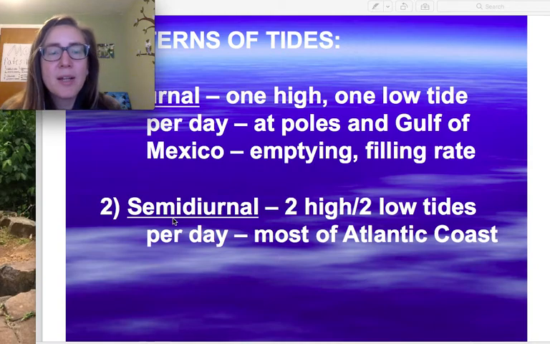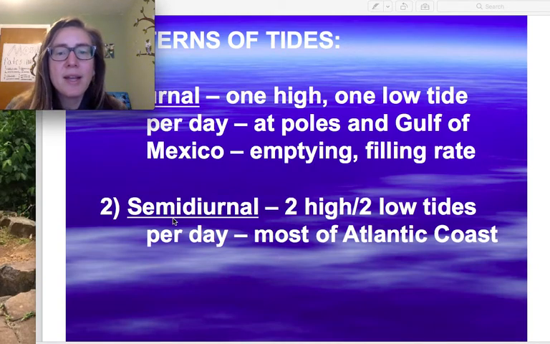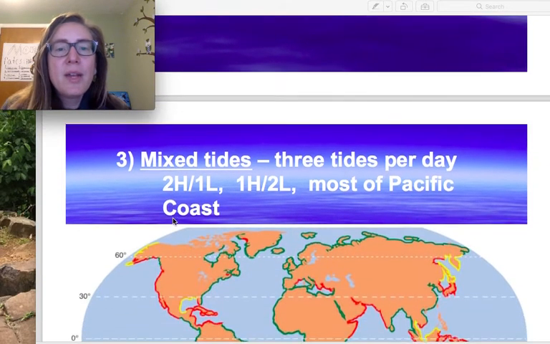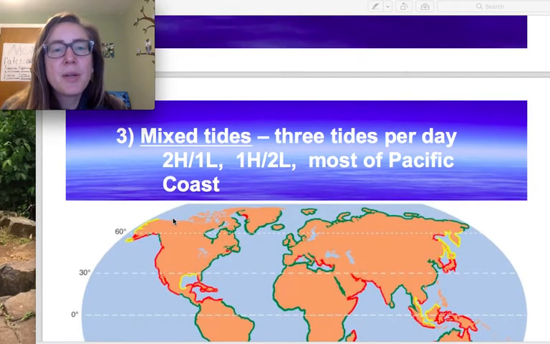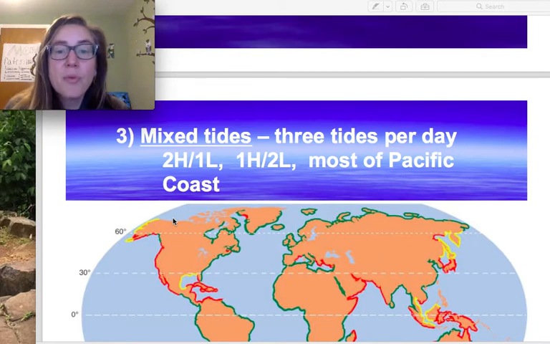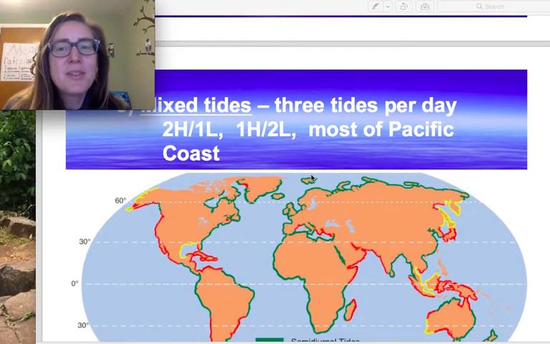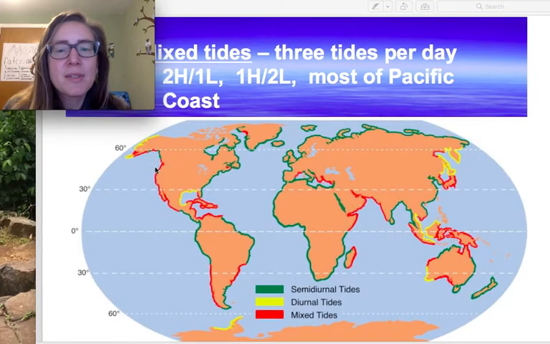Most of the Atlantic coast is going to have a semi-diurnal tide. And then you can have a mixed tide system, where you actually have three tides a day. Depending on how that forms, you can either have two high tides and one low tide, or one high tide and two low tides. This is going to be most of that Pacific coast that's going to have those mixed tides.